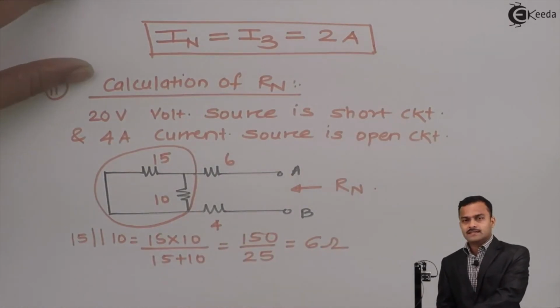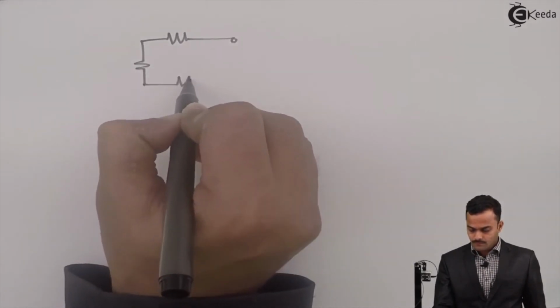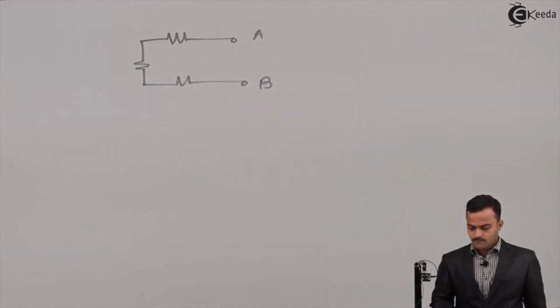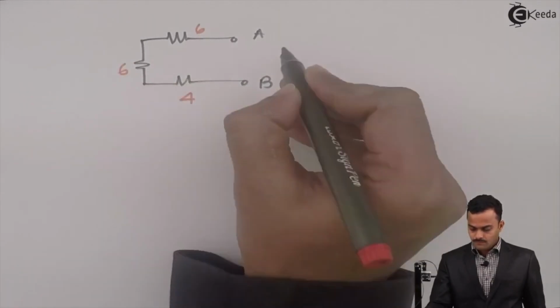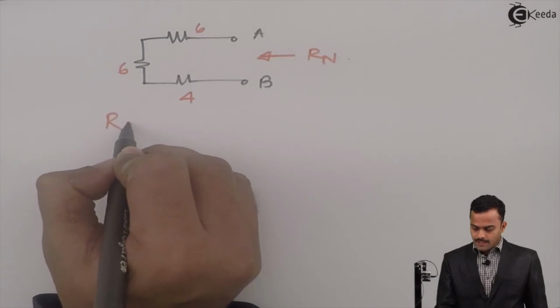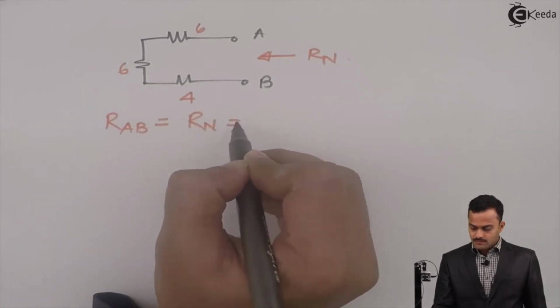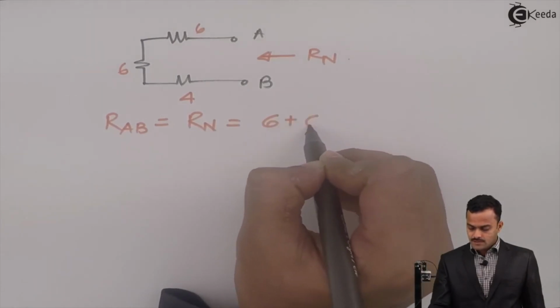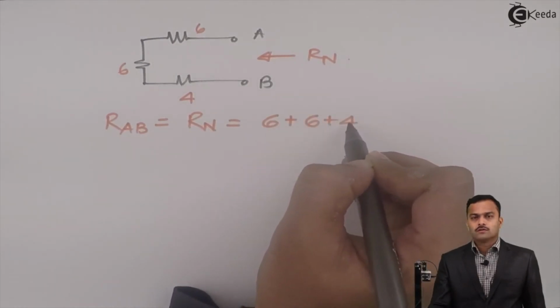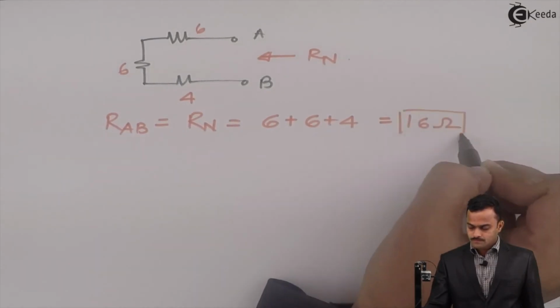So the circuit will be like this. Now RAB, same as Rn, is nothing but 6 plus 6 plus 4. The answer will be 16 ohm.